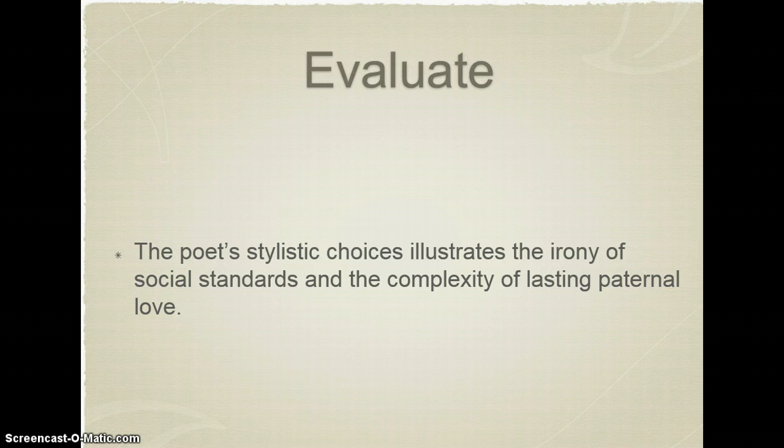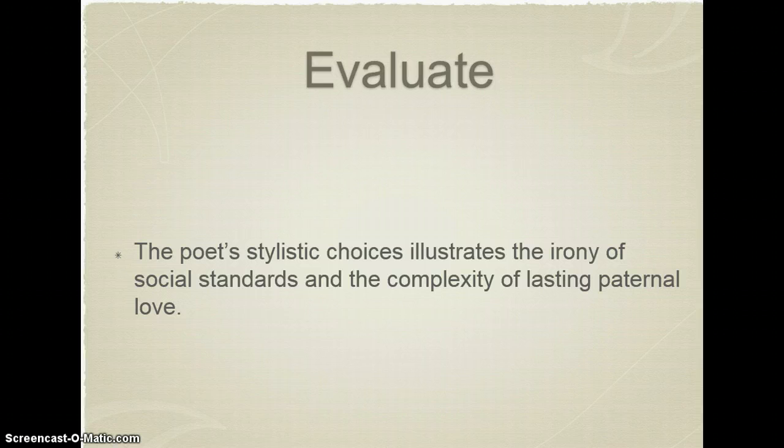Now here's my evaluation. Remember, the evaluation will be in the conclusion, but the evaluation should tie everything back together. And I'm going to go back to this idea of stylistic choices. Again, the rhythm, the rhyme scheme, the word choice, all of that plays a part into making this a beautiful poem. The poet's stylistic choices illustrate the irony of social standards and the complexity of lasting paternal love.